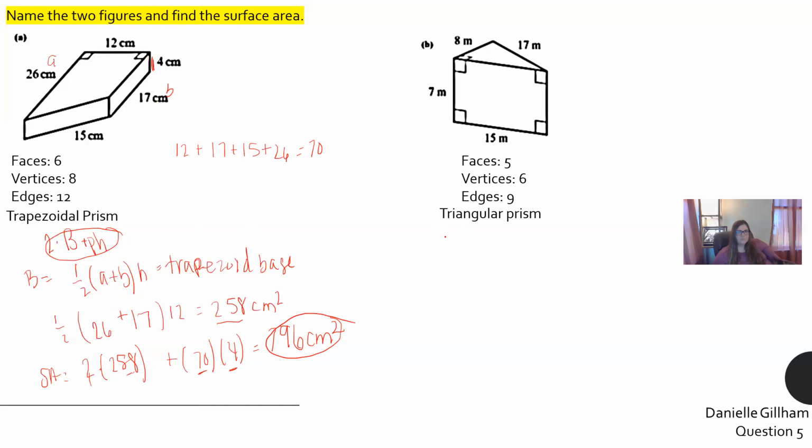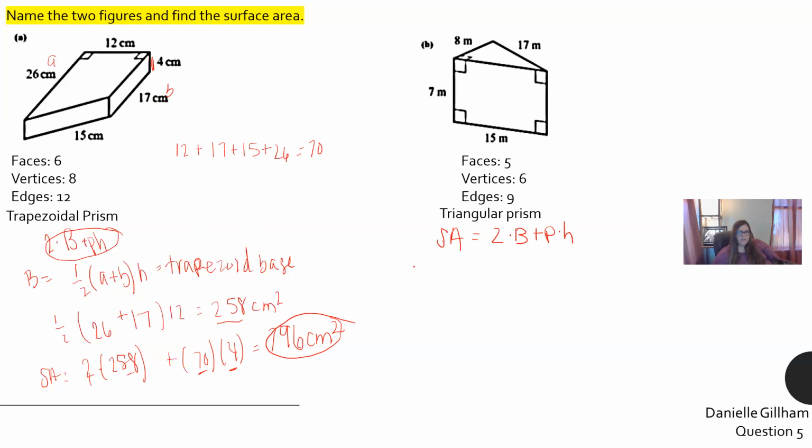Now if we look at this one, it has 5 faces, 6 vertices, 9 edges. A triangular prism has that many, so that is what this is. And so again, surface area equals 2 times base plus perimeter times height.